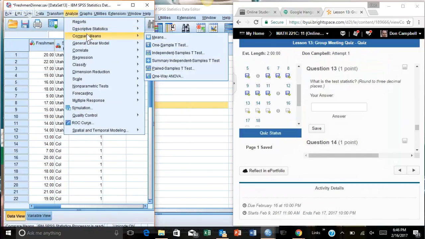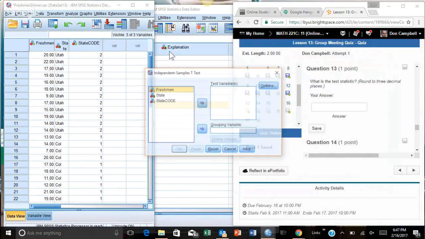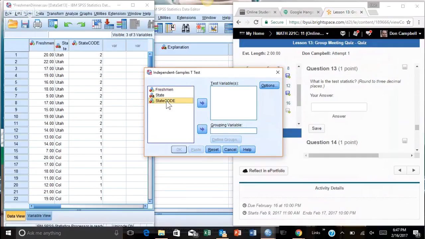A part of me wants to say this is a paired samples t-test. I don't think I've ever used that one before. Okay, then let's do independent. I think you're right. I haven't used paired in any of the homework to this point.